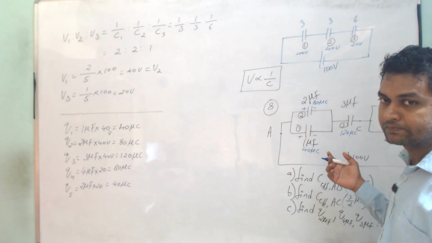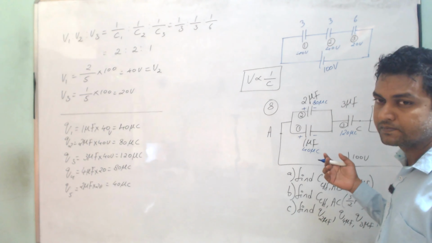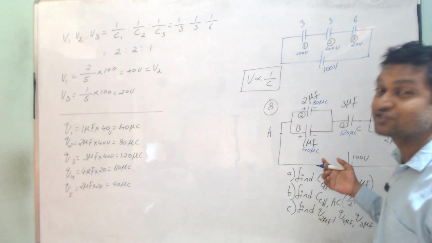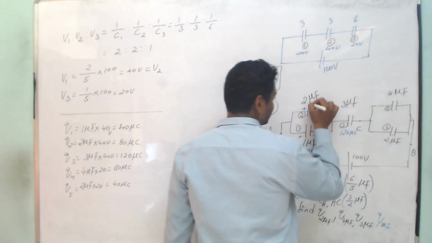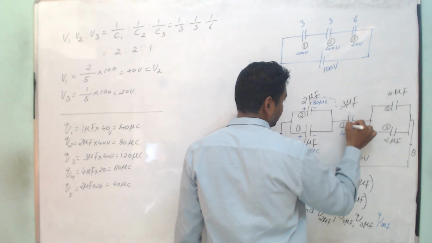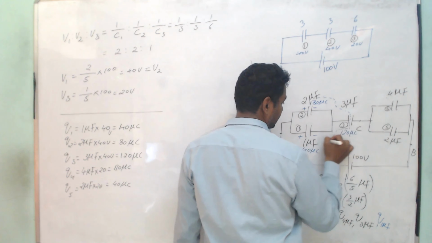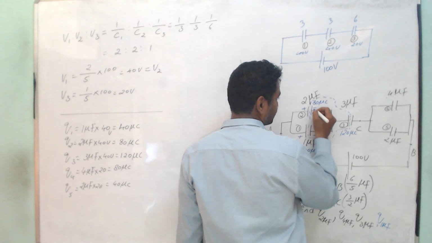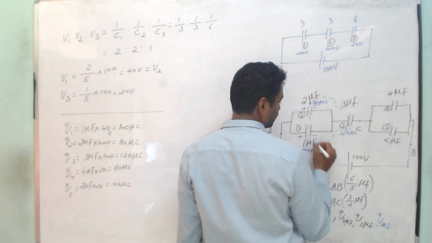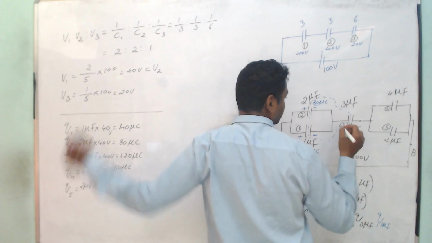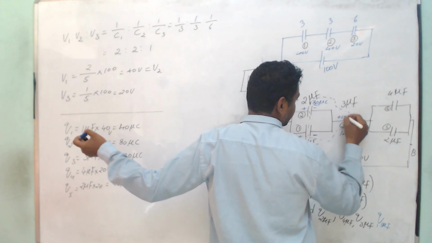The charge should be considered, I mean, they are isolated. Isolated conductor. Good. So minus, that's the reason I am showing minus: minus 80 microcoulomb and minus 40 microcoulomb.